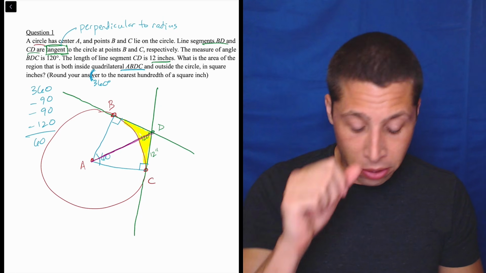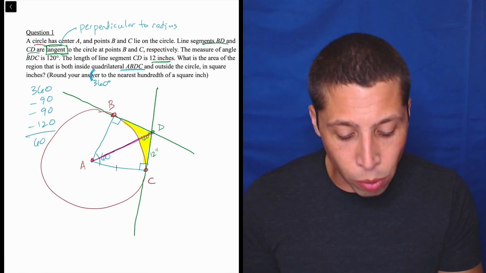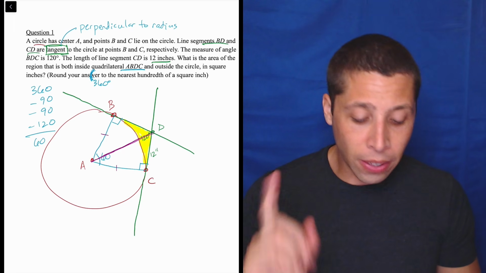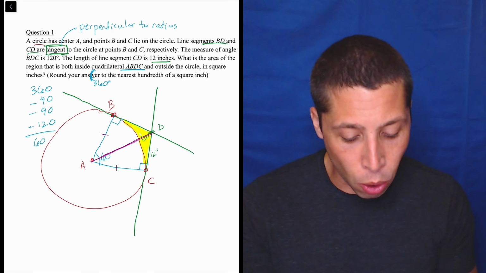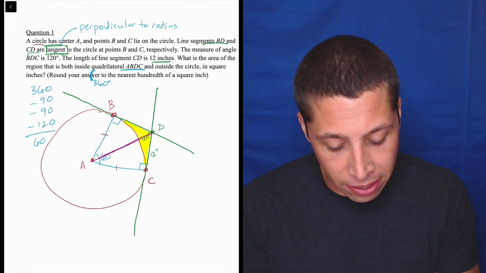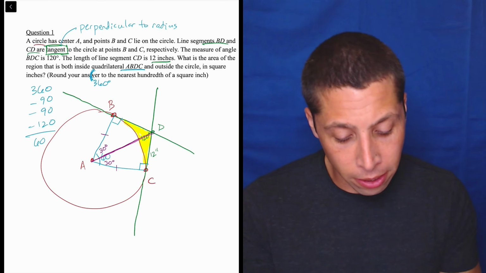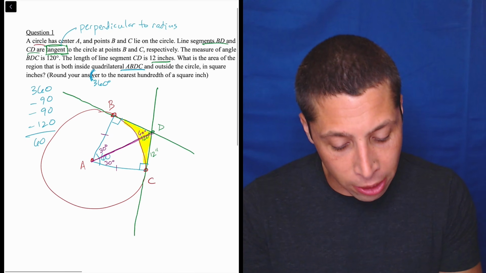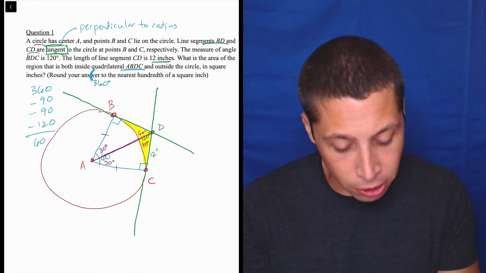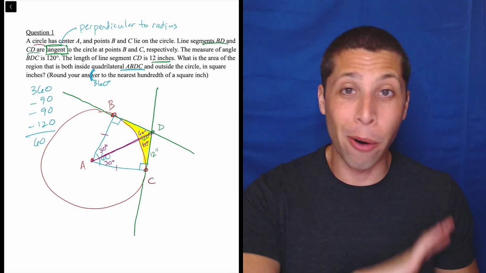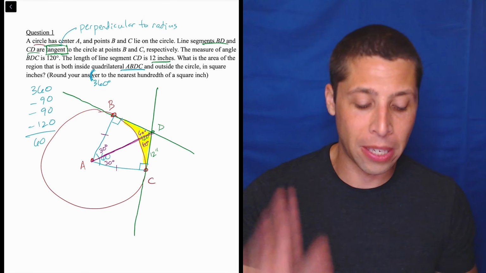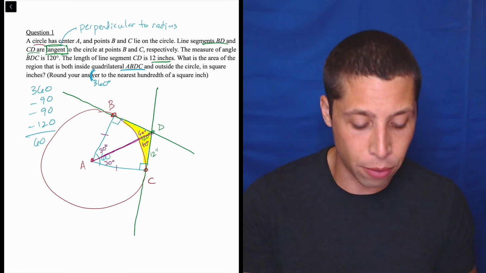But I know these triangles are the same because I know that these radiuses are the same. And I'll eventually be able to figure that out. But for now, all I care about is that 60 degrees has now been split into a 30-degree angle here, a 30-degree angle here, and that 120 has been split into a 60-degree angle here and a 60-degree angle here. And this is why we know now all the dimensions of all these triangles, because we can use the 30, 60, 90 rule.